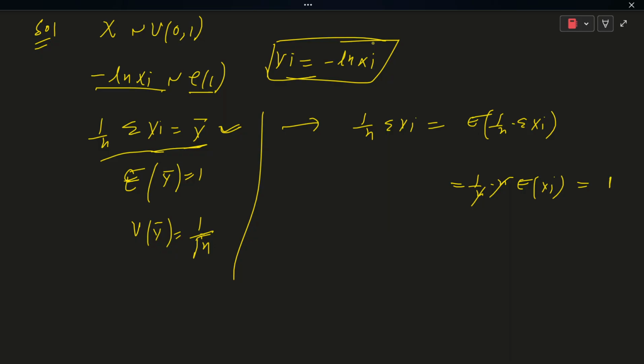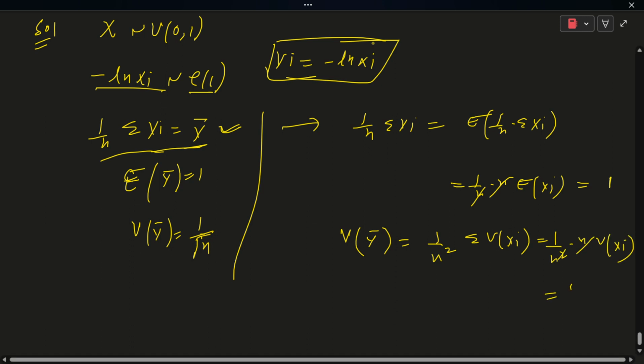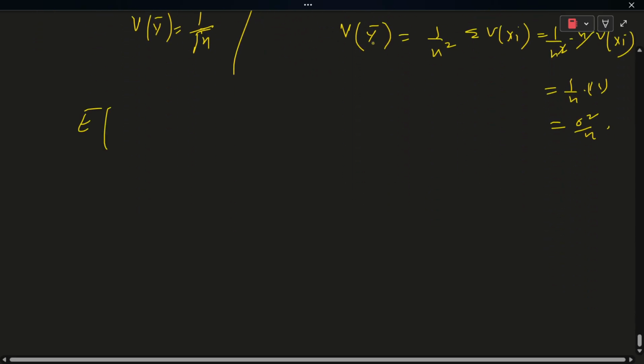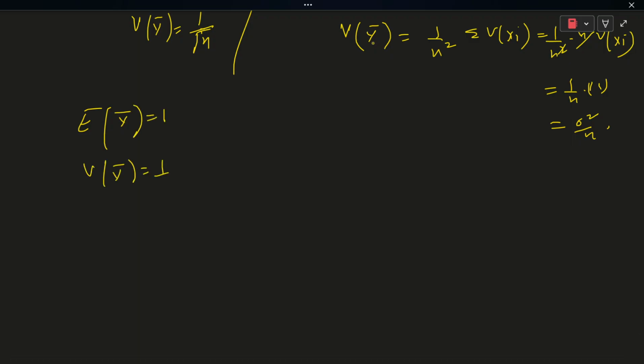Now the variance of y bar is 1 upon n squared summation variance of yi, so 1 upon n squared into n variance of yi. One n cancels, leaving 1 upon n, and sigma squared is 1, so 1 by n. So the expectation of y bar is 1 and the variance of y bar is 1 upon n.